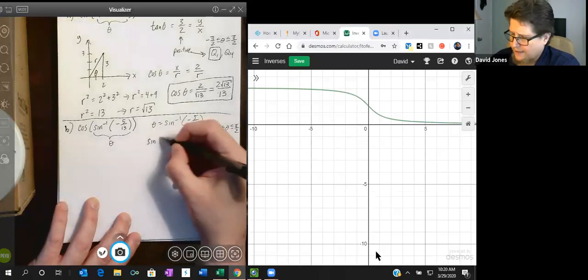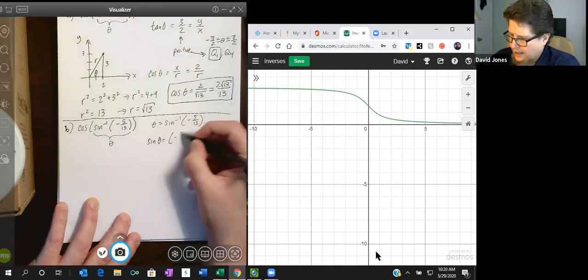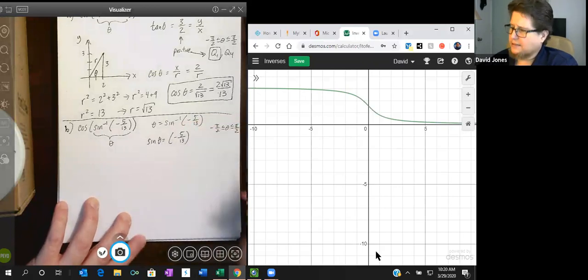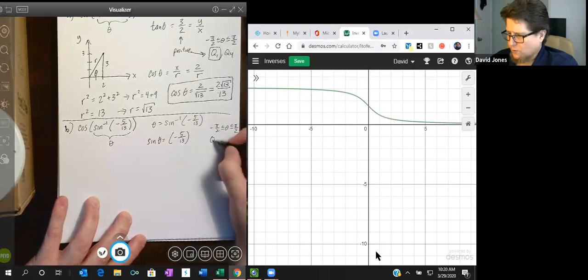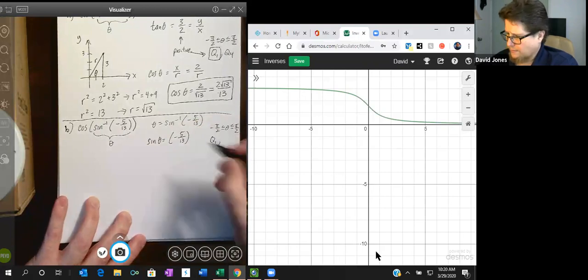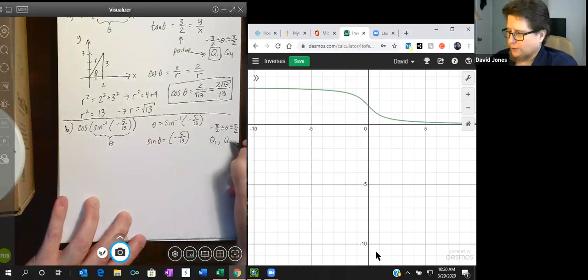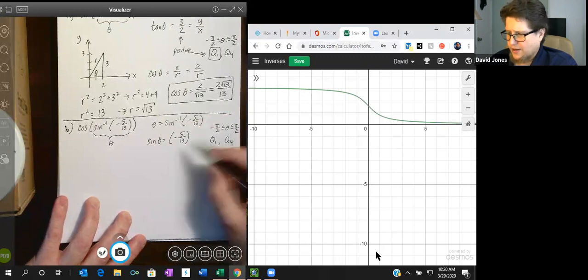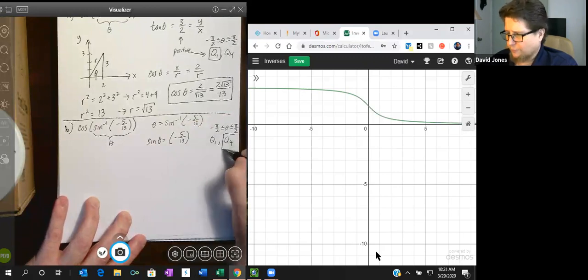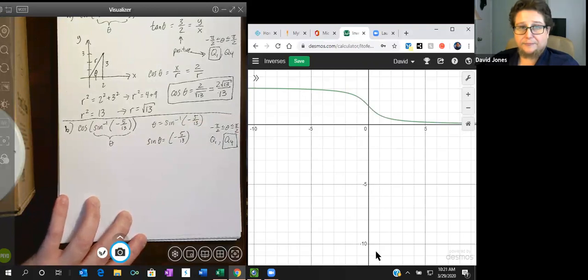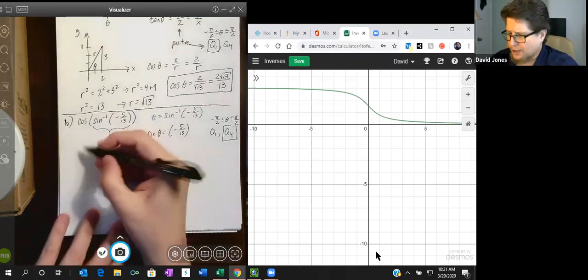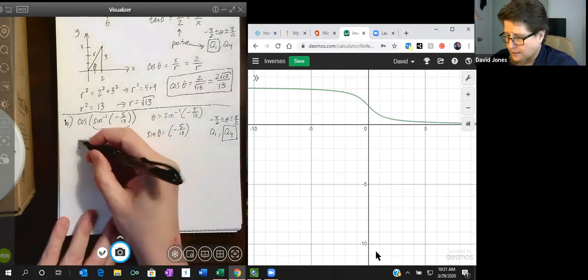So sine of theta equals negative 5 over 13. This is quadrant 1. Oops. Yeah, quadrant 4. The negative tells me we're in quadrant 4. That's where sine is negative. So when I draw my picture, I'm going to go downward.